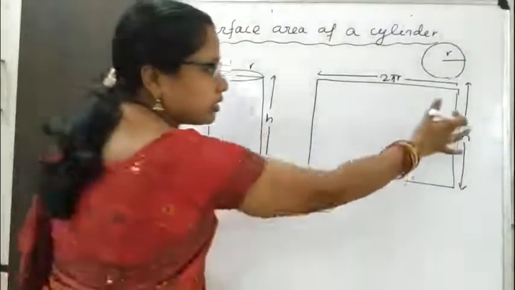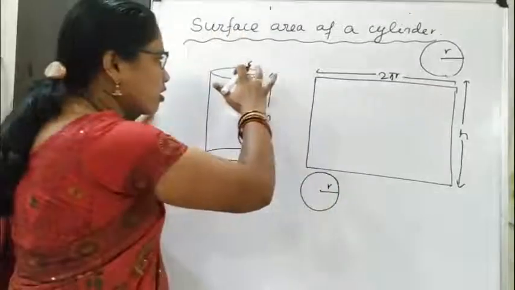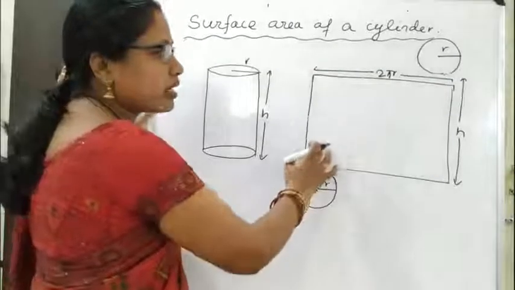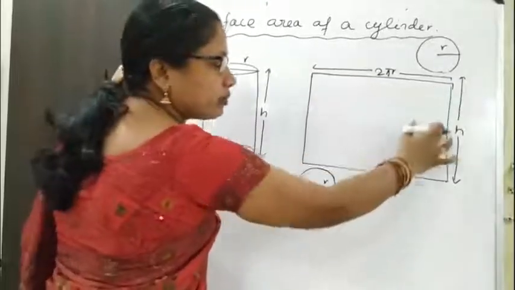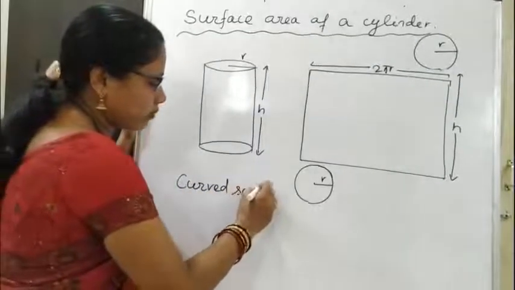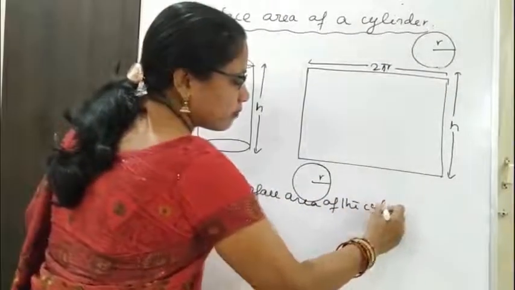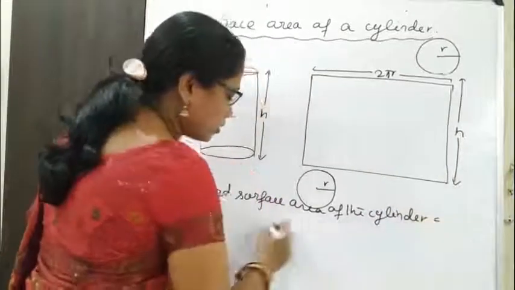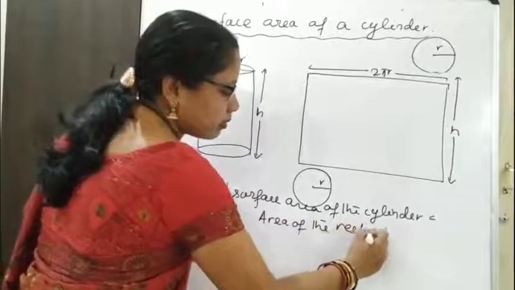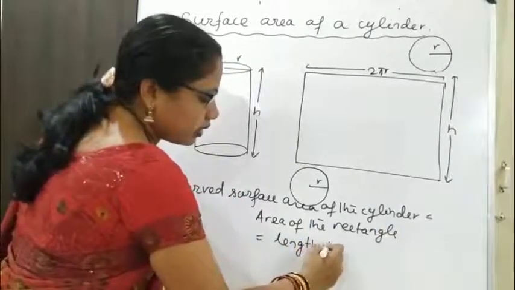So the breadth of the rectangle is h unit and the length is the circumference of the base, that is 2 pi r. So the curved surface area of the cylinder is the area of this rectangle, that is equal to length into breadth.